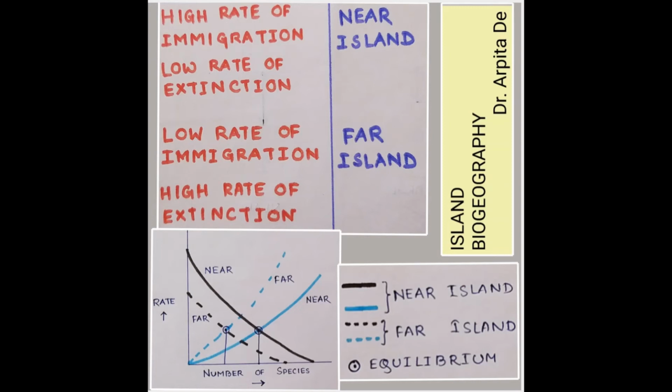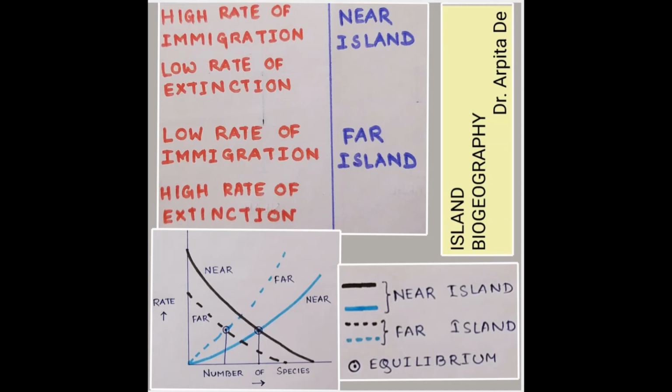Repeated and steady immigration saves a species from extinction. If the island is located far away from the mainland, the rate of immigration becomes very slow, and there are high chances that a species will get extinct.